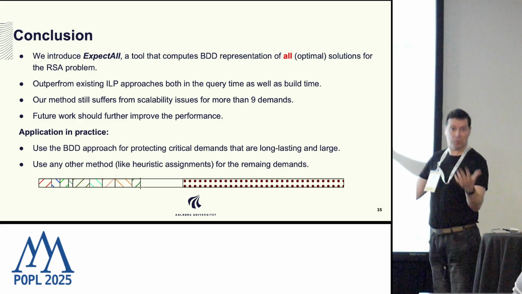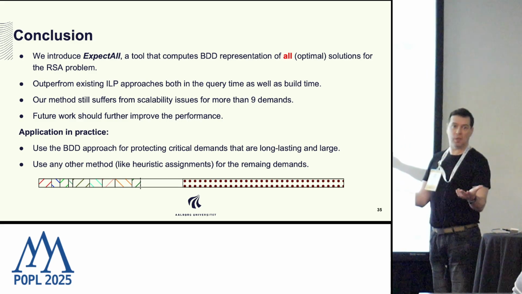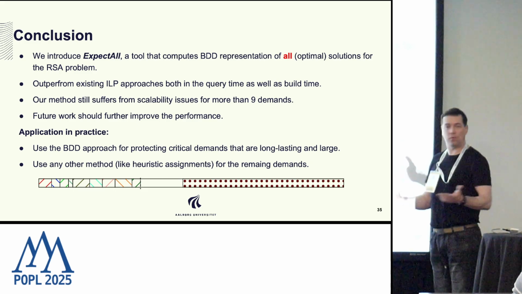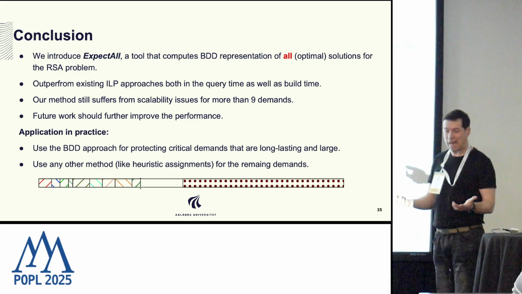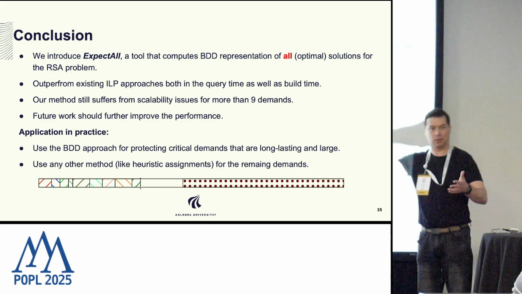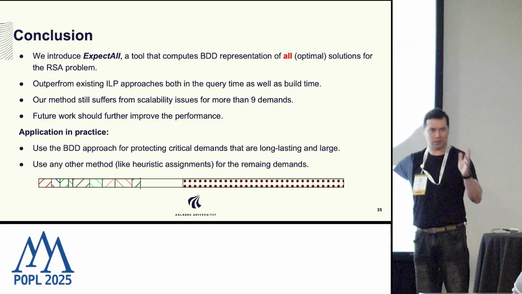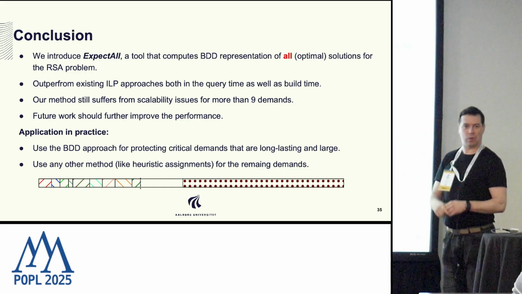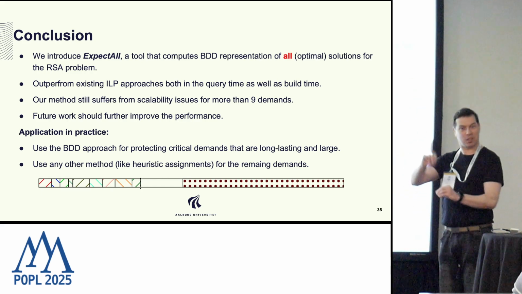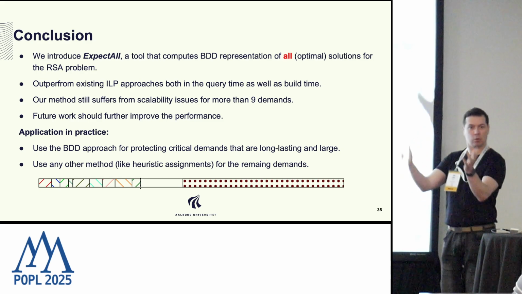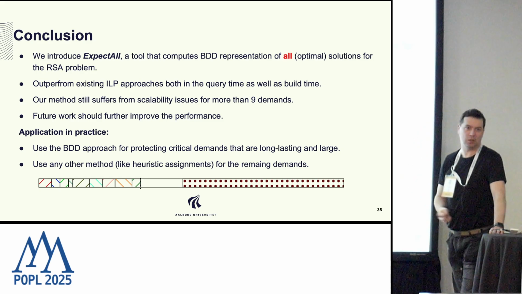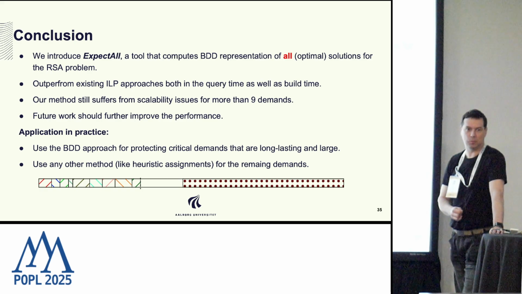There could be more optimal solutions or suboptimal ones that the operator might prefer for some other reason. So they can say, I don't want this path to go through Iceland, for example, because the connection is unstable or whatever. So you can put additional restrictions as a conjunction to the BDD and sort of navigate through the space, which I think is the advantage of the BDDs.